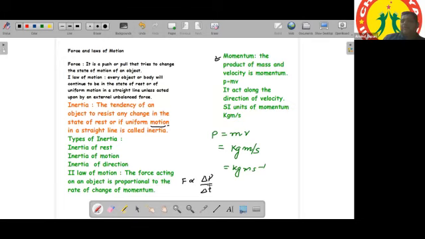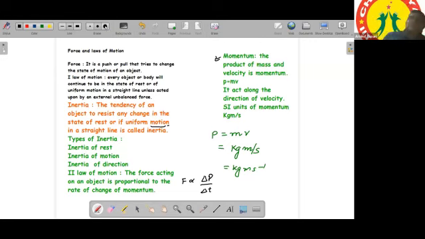Here delta P represents the change of momentum and delta T represents the change of time. So the greater the change of momentum, a greater amount of force will be required. If you want to bring about a large change in the momentum in a small interval of time, a large amount of force will be required.